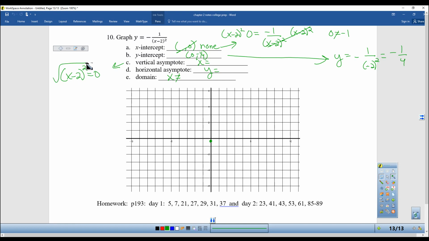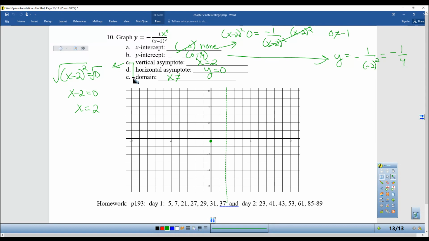So square root both sides, and you get x minus 2 is equal to 0. So x is equal to 2. So there's going to be a vertical asymptote at x is equal to 2. Horizontal asymptote. The degree of the numerator is actually x to the 0. So it's definitely less than x squared, even though it's on the outside of the parentheses. If you multiplied it out, you'd have an x squared. So it's going to be y is equal to 0.